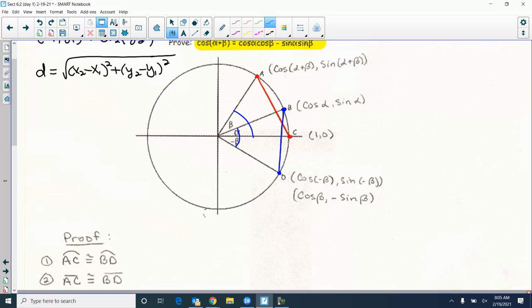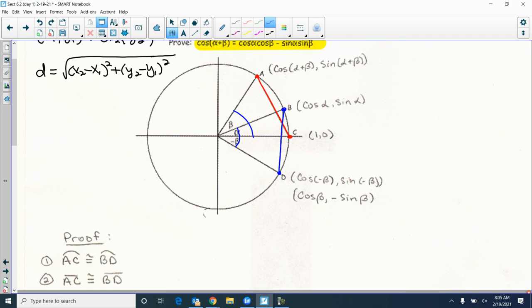If this is the unit circle, your coordinates are based upon the cosine and the sine of the angle. So the coordinates at point A are cosine of alpha plus beta, sine of alpha plus beta. The coordinates at point B are cosine alpha, sine alpha. The coordinate of point C is (1, 0) because it's the unit circle.